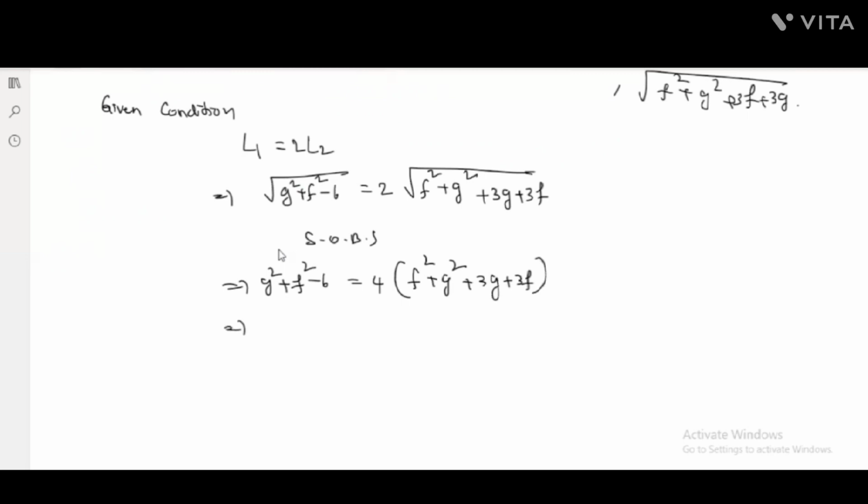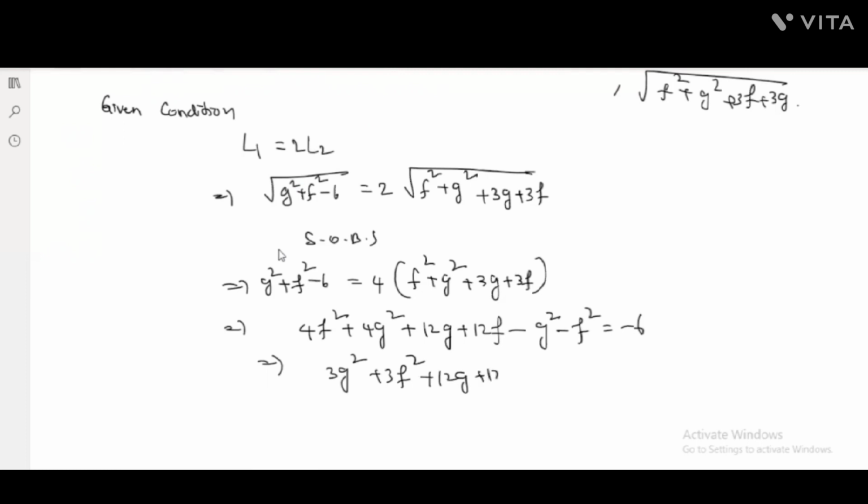So let's simplify this one. 4f square plus 4g square plus 12g plus 12f minus g square minus f square is equal to minus 6. This will become 3g square plus 3f square plus 12g plus 12f is equal to minus 6.